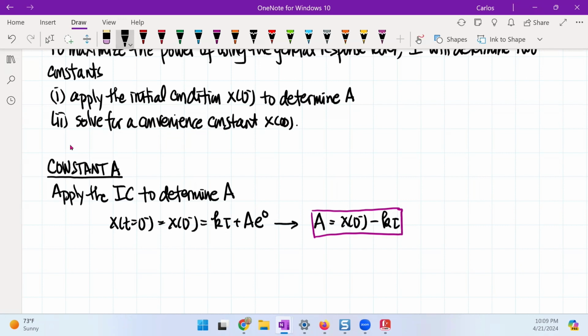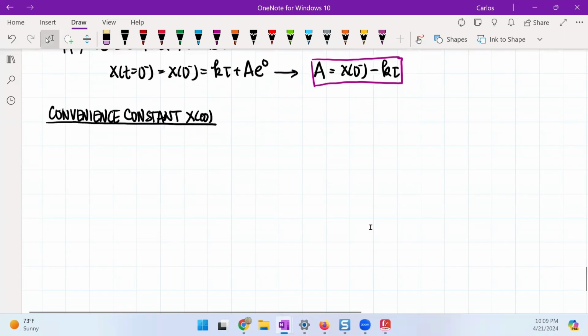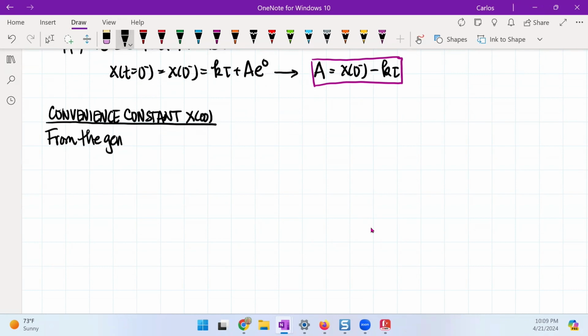So now I'm going to look at the convenience constant. From the general response, we're going to look at the limit as t approaches infinity of x of t, which then means that as this happens, I'm going to get k tau plus A e to the minus infinity.